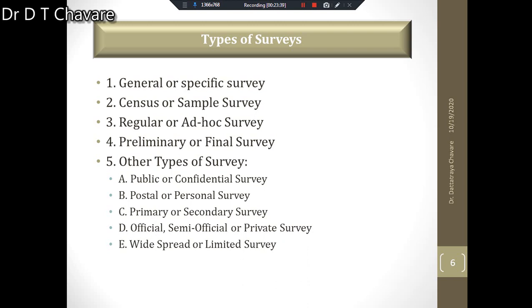Then the third type is also there, primary or secondary survey. On the basis of nature of data collection, these types are there. If you are going to collect the primary information, that survey is called a primary survey.